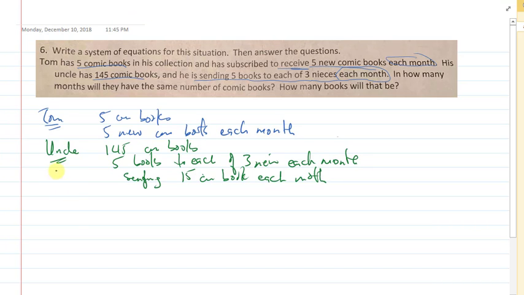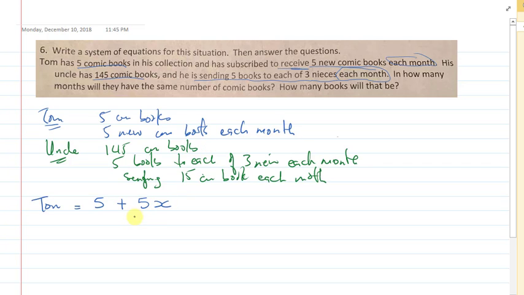Alright, so let's write an equation to describe Tom. Let's say Tom is equal to 5 comic books, plus the 5 new comic books that he's going to receive each month because he's subscribed. So now let's describe month as x.